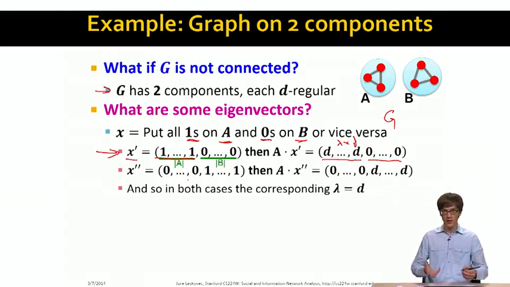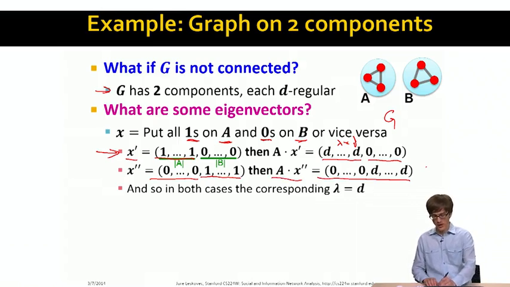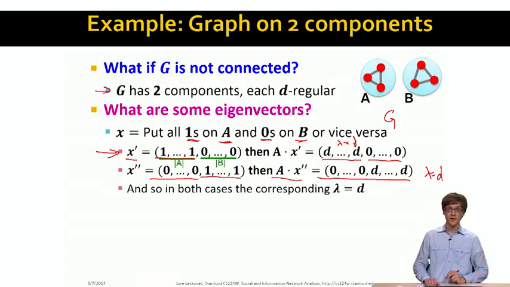Similarly, symmetrically, we can put label 0 on the nodes in A and all the values 1 on the nodes in B. If we compute A times x double prime, we obtain the analogous vector, and again we have the eigenvalue d. So we have two different eigenvectors: the first has entries 1 and then entries 0, the other has zeros and then ones.